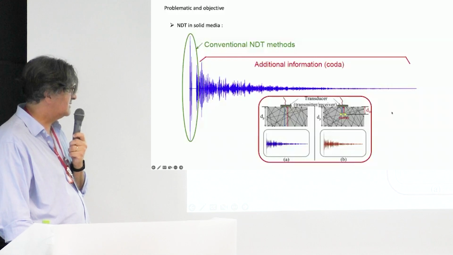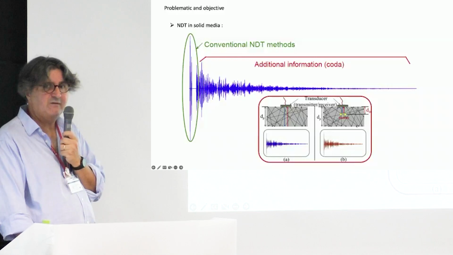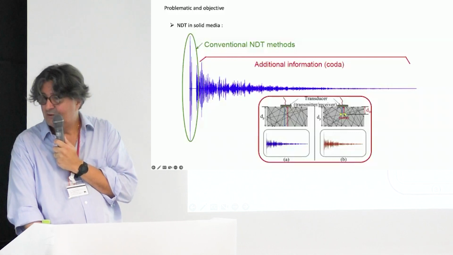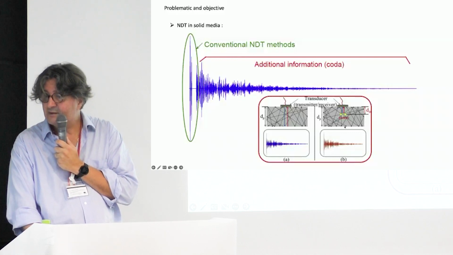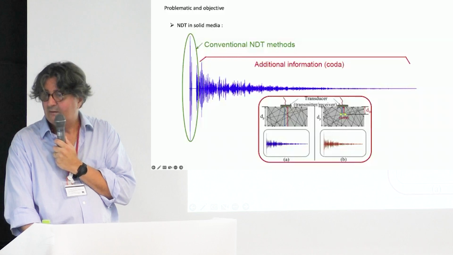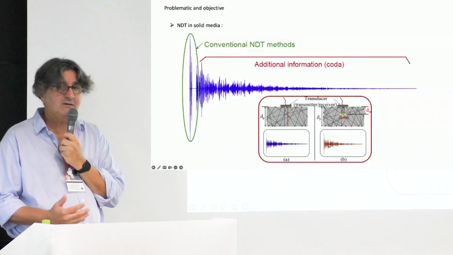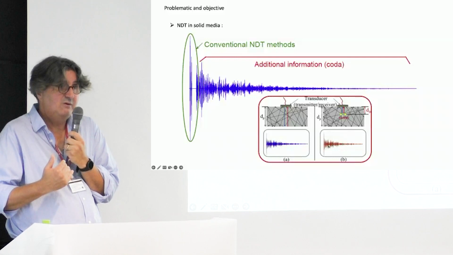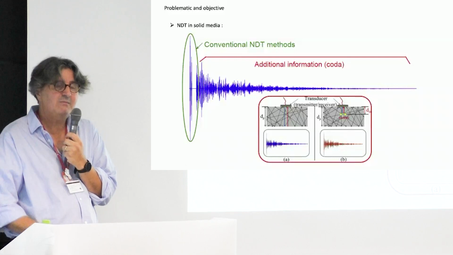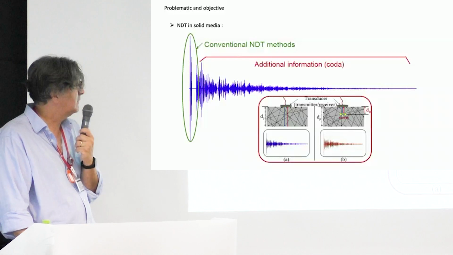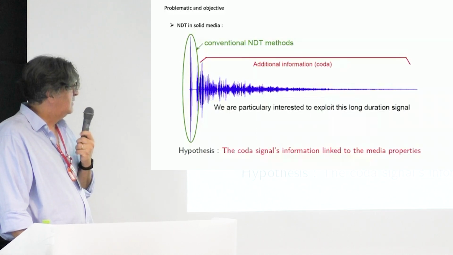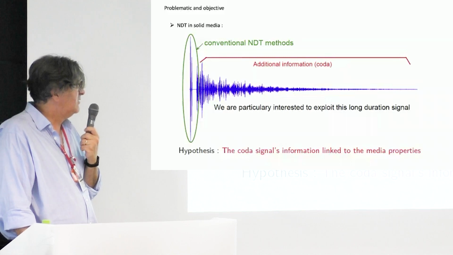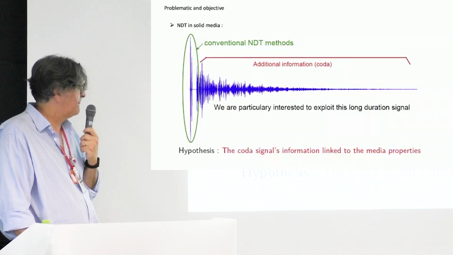And if you have the presence of a defect in the metal, you will have another coda, and the difference in codas will tell you whether there is a problem in your material or not. So we are particularly interested in exploiting the long duration signal.